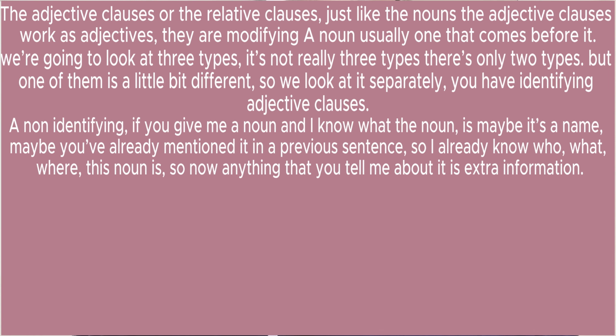You're still modifying the same thing, but you're giving me extra. In this case, you're going to use commas before and after the adjective clause. If the adjective clause ends the sentence, then of course there's a period, not a second comma.